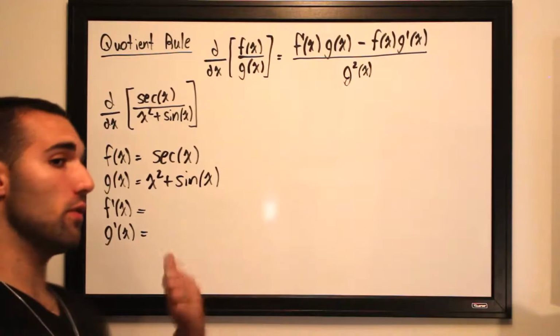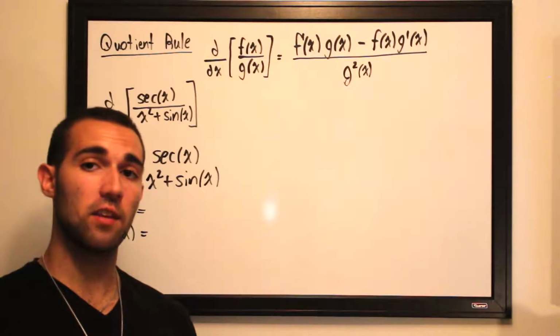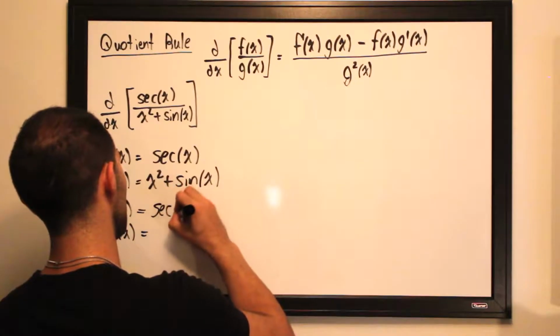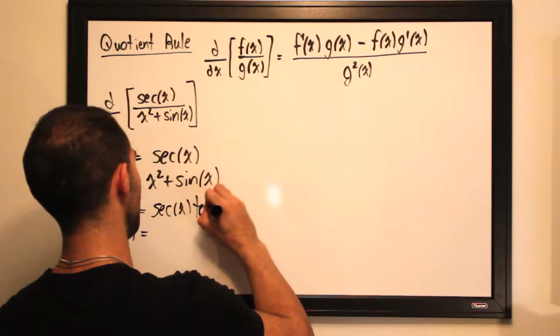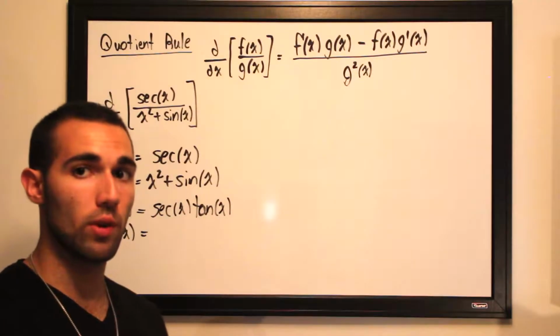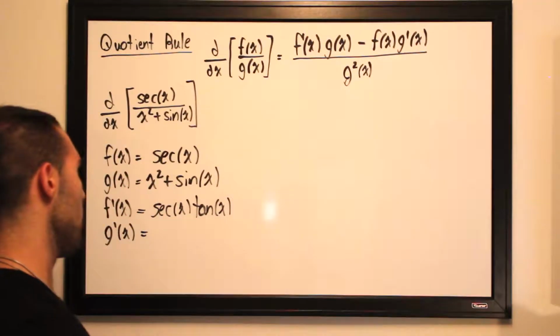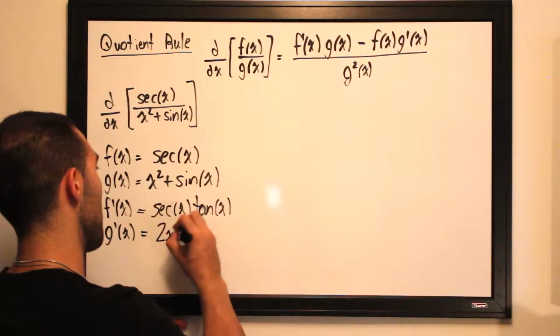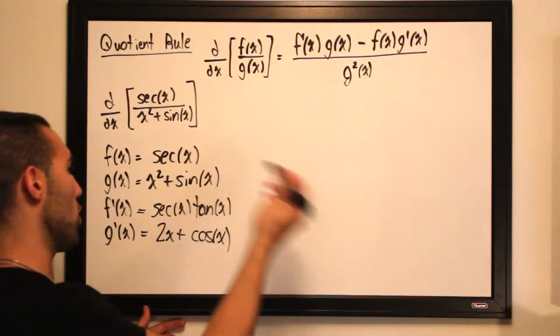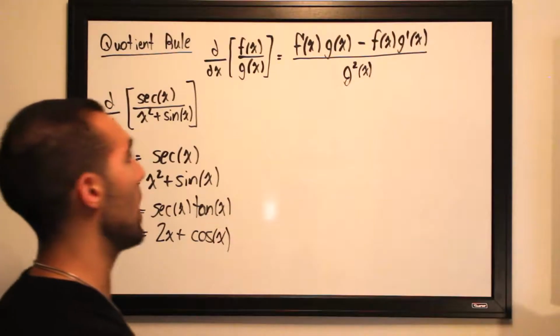Then we take the derivative of each of these functions. The derivative of secant of x is secant of x times tangent of x. And the derivative of this is simply the sum of the two derivatives of each of the individual functions. So 2x plus cosine of x. Since the derivative of sine is cosine, the derivative of x squared is 2x.